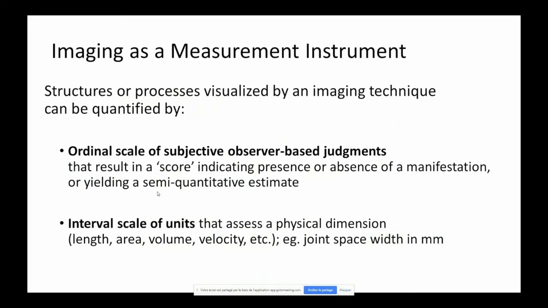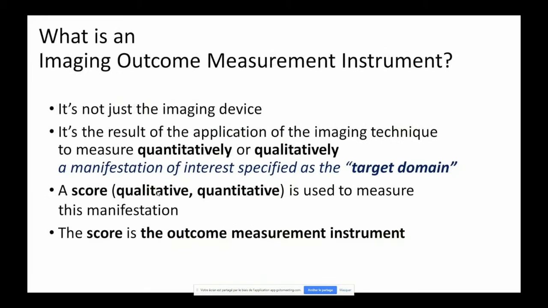Or we can use the physical aspect of imaging, so we can use an interval scale of units that assess a physical dimension, for example, the length, the area, the volume, the velocity, or, for example, in the PET MRI, the absorption or other things.